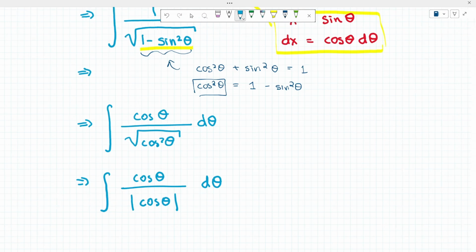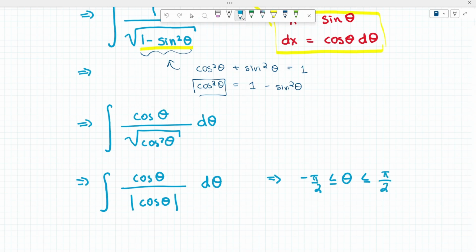So because of our restriction on our angle, we have to assume that our cos theta is going to be greater than 0. Because recall, in order for this to work, we have to have theta between minus pi over 2 and pi over 2.